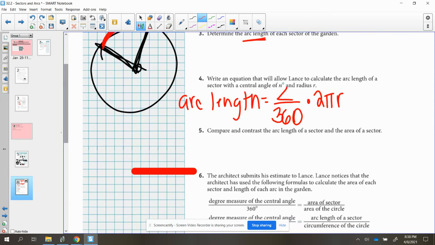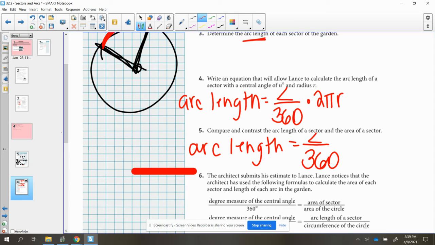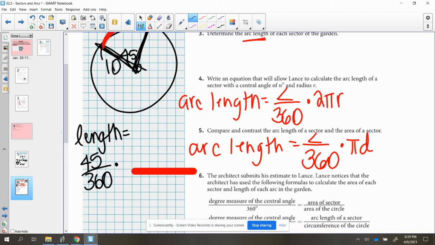Or you might see it represented as the angle measure over 360 times pi times the diameter. Okay. So for that last example that we talked about, if we're looking for the arc length of that particular circle that had a 45-degree central angle, and we said that the radius of it was 10, to find the arc length, we would take 45 divided by 360 and multiply it by 2 times pi times our radius.